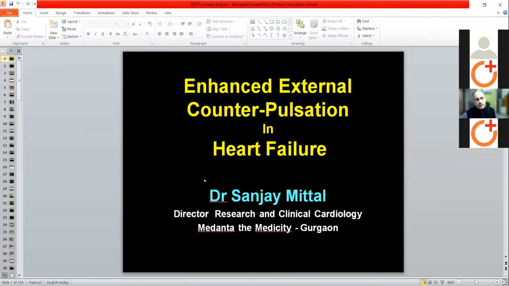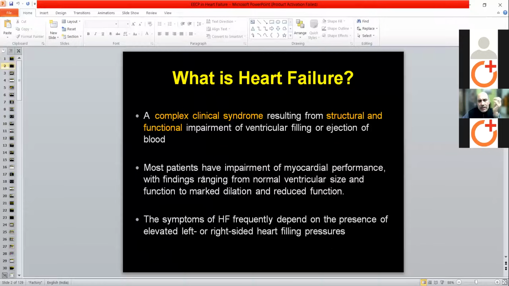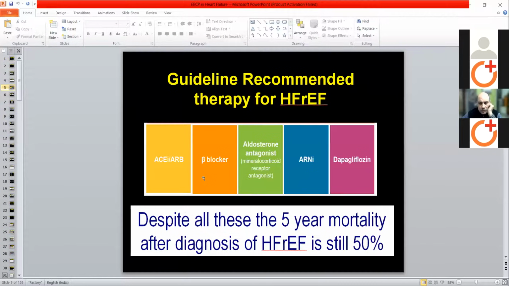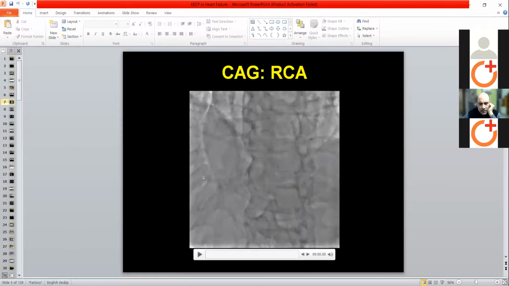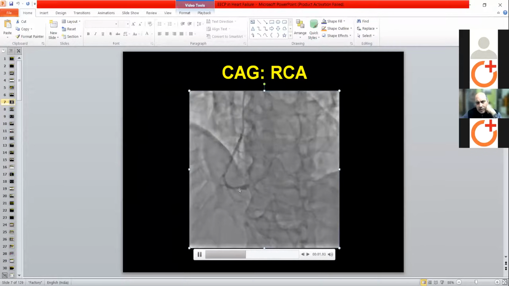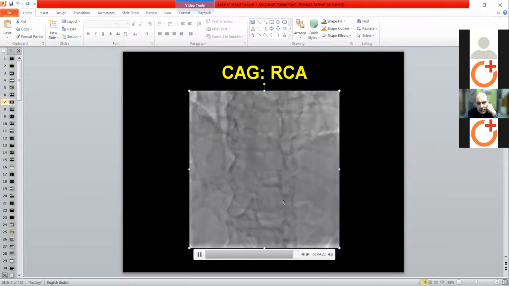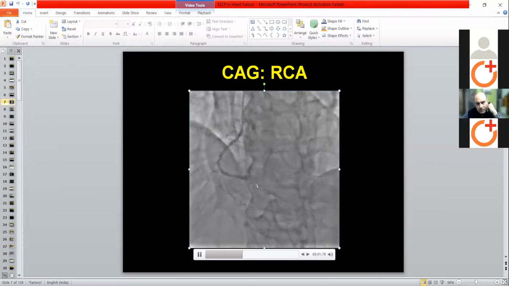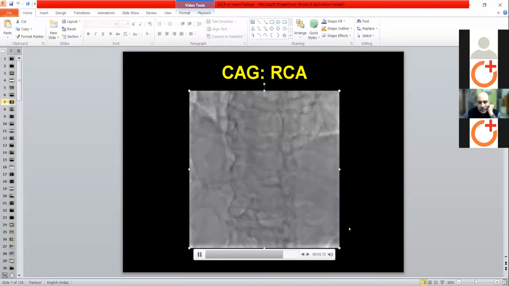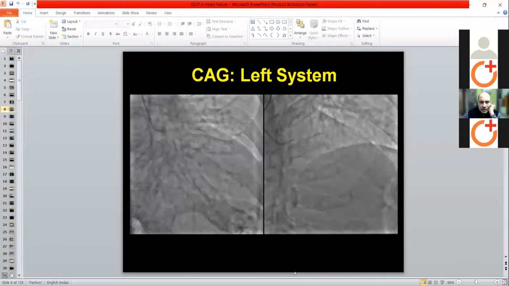Okay. I don't want to go into the details because I have already described it. If you look at the angiogram, this is the right coronary artery, and you can see multiple blockages. The left anterior descending artery showed similar blockages.